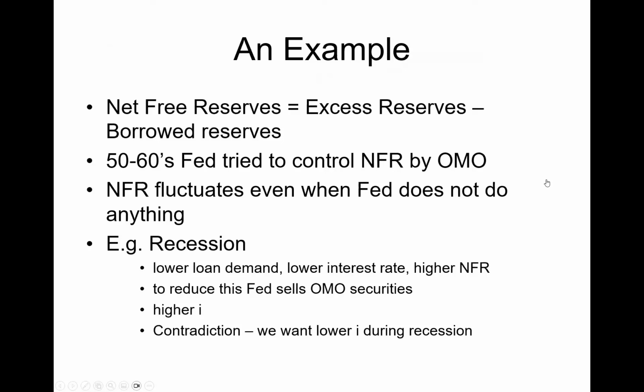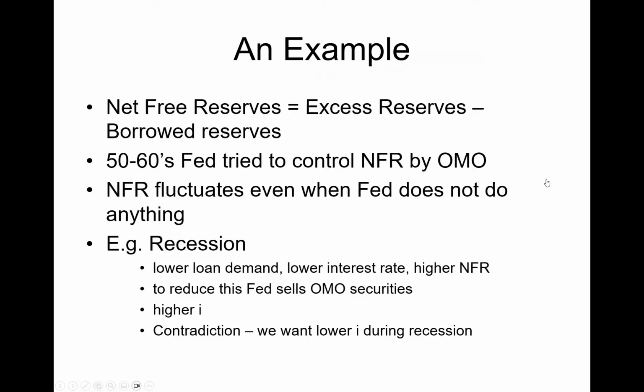So in a recession, there is a lower demand for loans, and therefore the interest rate is low. However, the net free reserves are high because nobody is taking a loan. So banks have extra assets in the form of liquidity. So what the Fed wants to do really is to dry off that liquidity, or dry off all those new deposits that exist in the market.